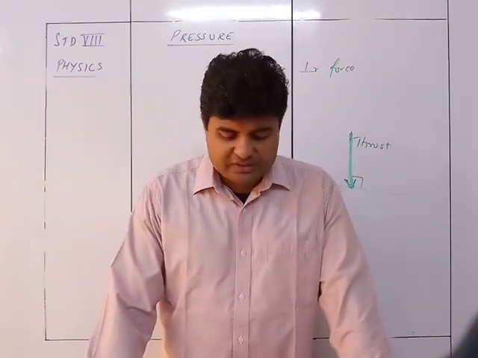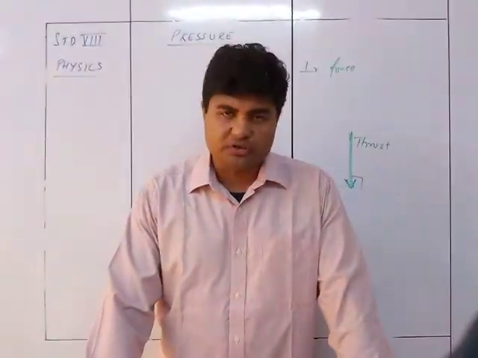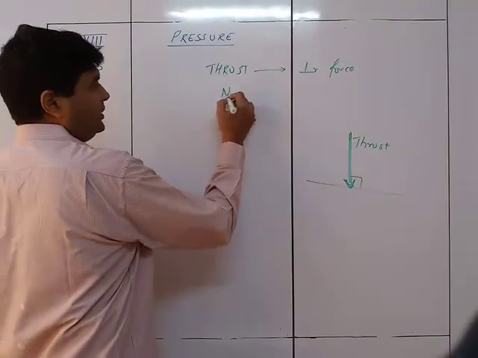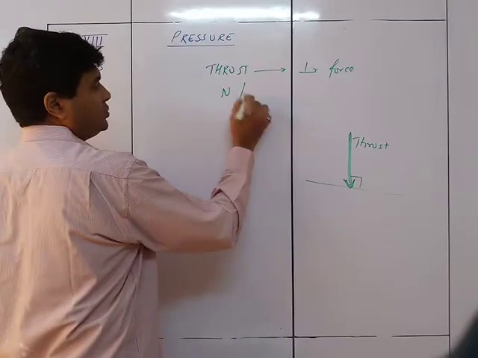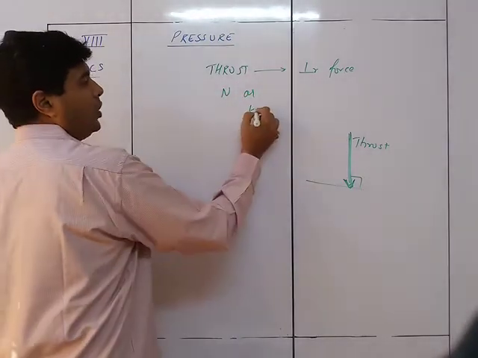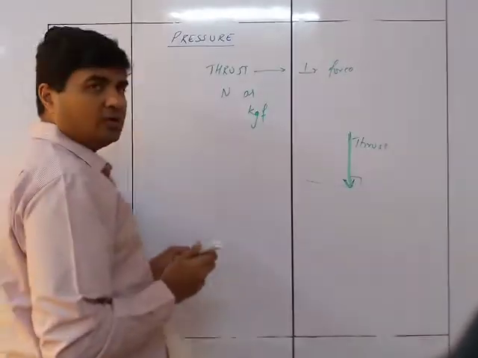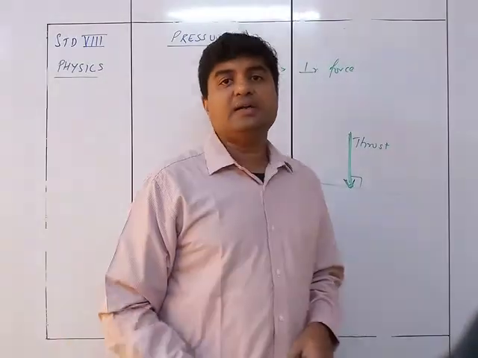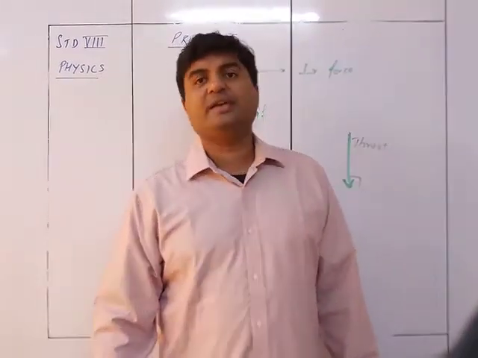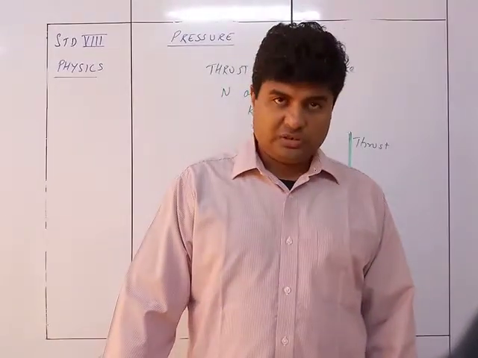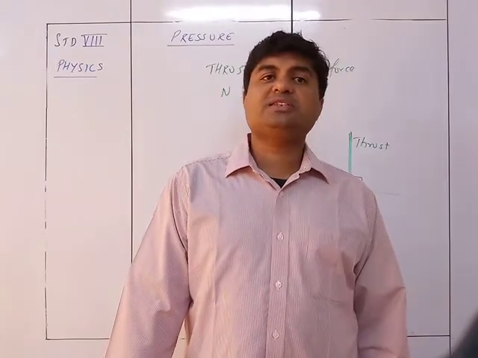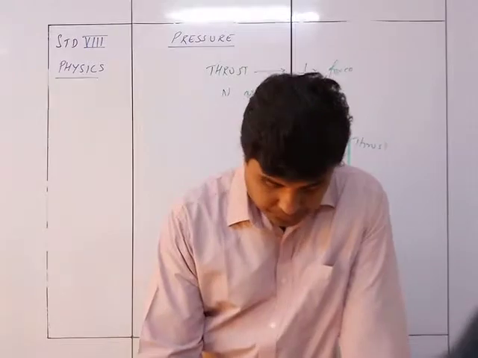The unit of thrust is the same as that of weight or force. So the unit of thrust is Newton or kgf. Newton or kgf will be the same SI units of thrust because it is nothing but a kind of force.